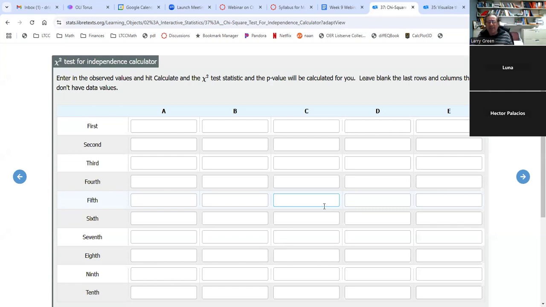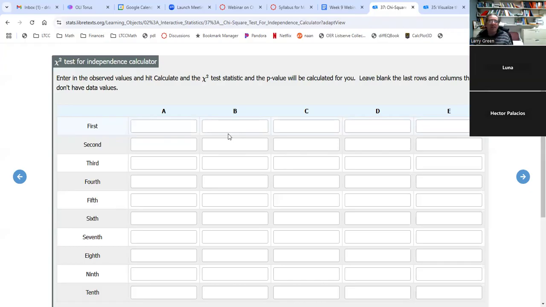I do want to give you a heads up, and that is with the calculator I made, if you have any more than 5 by 10, this calculator won't work. Okay. If it were, by the way, 6 columns and say 4 rows, you can switch the columns and rows and that would still work, it turns out. That's called the transpose. You don't have to get worried about the word. But I wanted to make this simple and work for all the problems that I ever give you in this class.